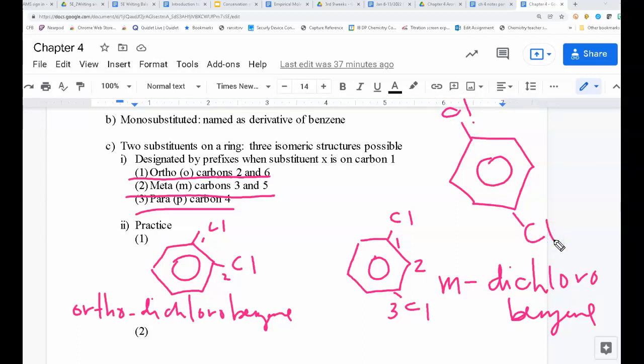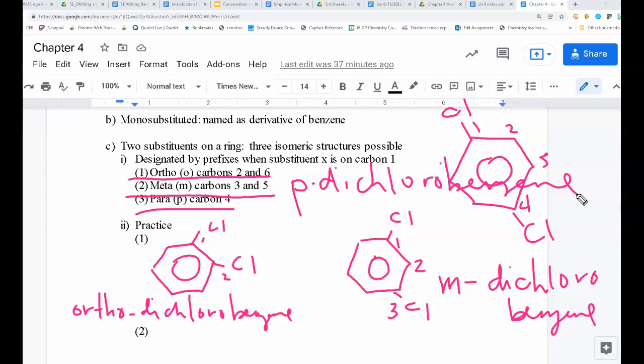If you number them 1, 2, 3, and 4, we would call this P-dichlorobenzene. All the P, the M, the O really is, is just showing you the relative locations of the things on there.